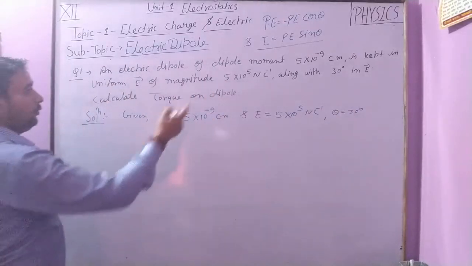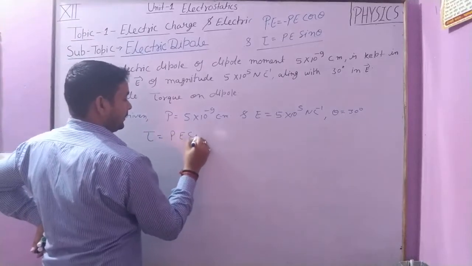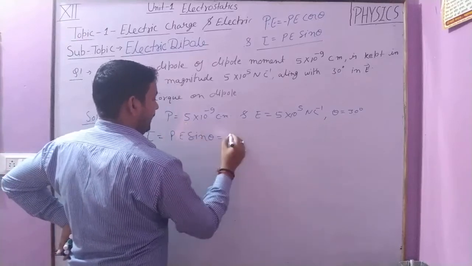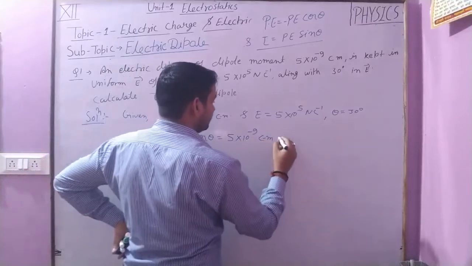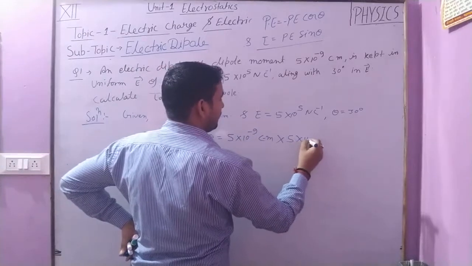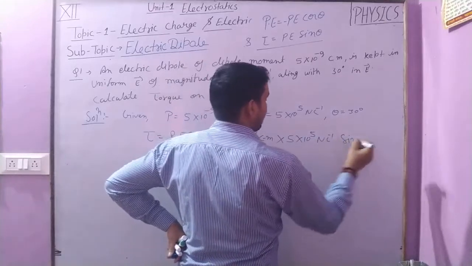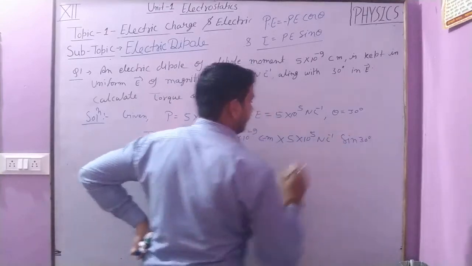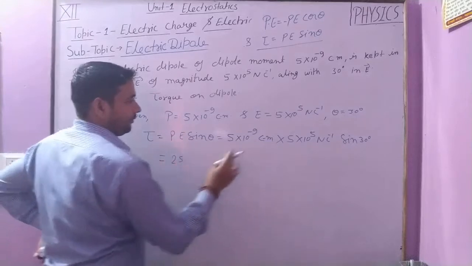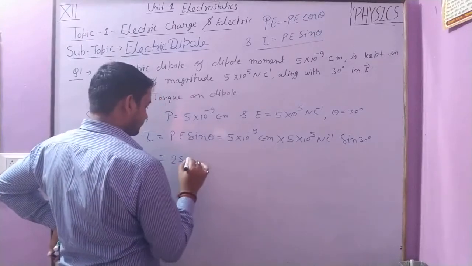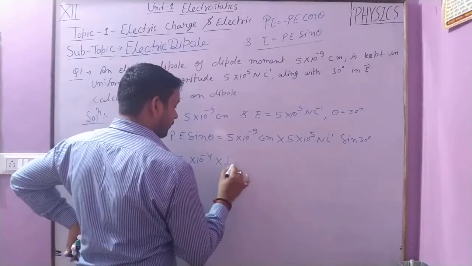Using these values in the torque formula PE sin theta, we have 5 into 10 to the power minus 9 coulomb meter, 5 into 10 to the power 5 Newton per Coulomb, and sine 30 degree, which is 1 upon 2.